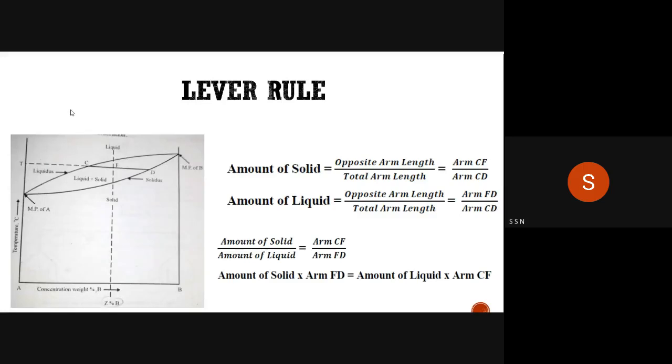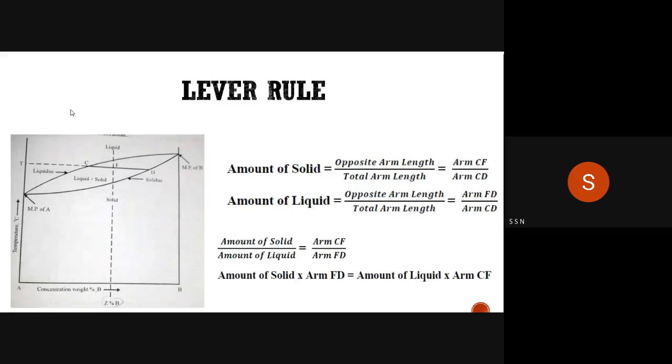Arm CF divided by arm CD will be the amount of solid. Amount of liquid is equal to arm FD divided by arm CD. So these two are the formulas for finding the amount of liquid and amount of solid present at any point in between the liquidus and solidus line.